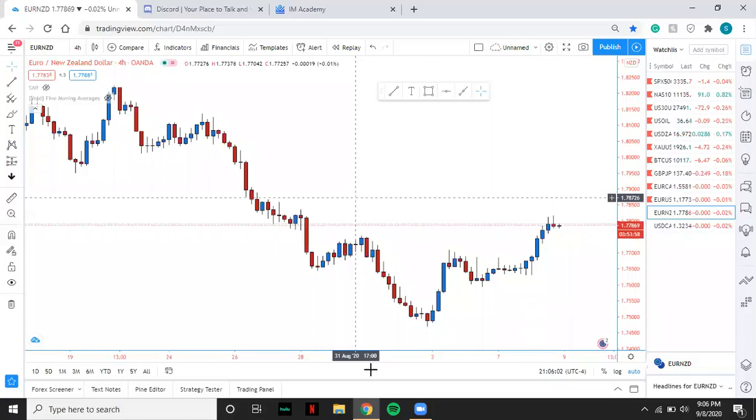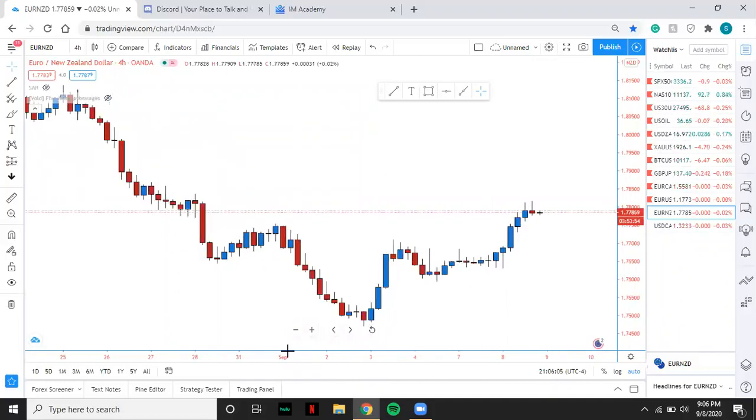So what you guys see here right now are these rectangles. Each rectangle represents a time frame. In the foreign market, we call them candlesticks. I'm just making sure you guys can still hear me and see me. Each candlestick represents a time frame.